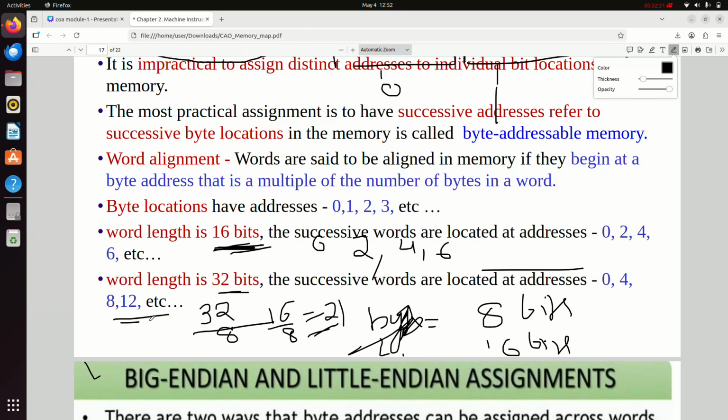So if my word length is 16 bits, 16 divided by 8 is 2, so my address locations would be 0, 2, 4, 6, like that. Now if my word length is 32 bits, the successive word location would be 32 divided by 8, that is 4: 0, 4, 8, 12, like that.